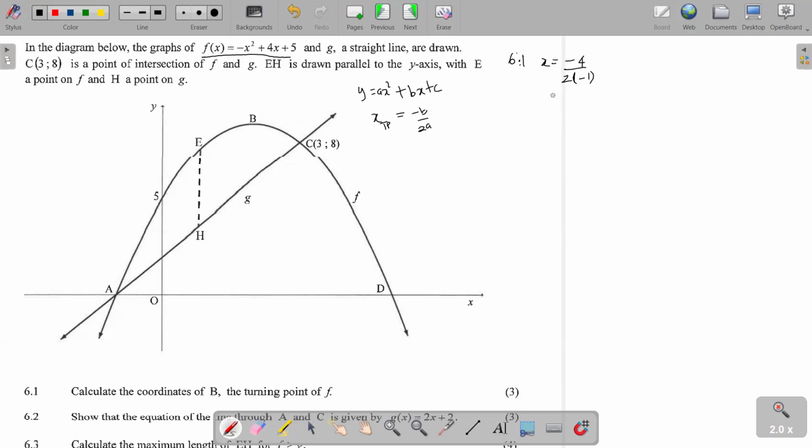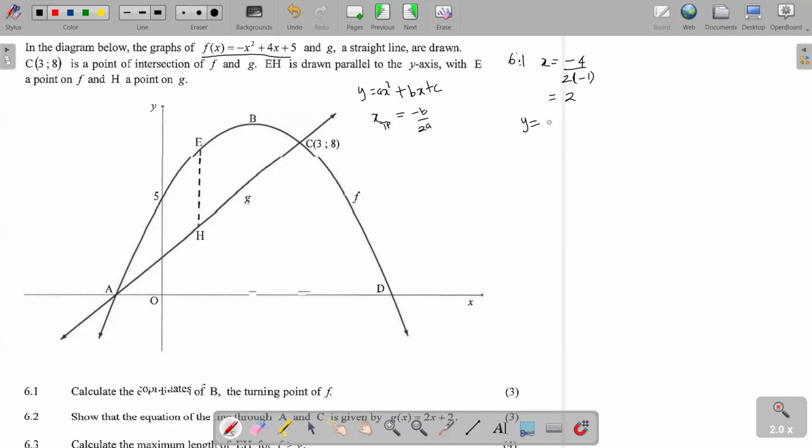We would see that this is going to result to a 2, trusting the calculator. Then we now want the y value because the question wants the coordinates. So to get the y value, we are substituting in this equation.